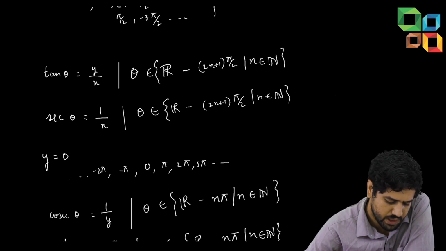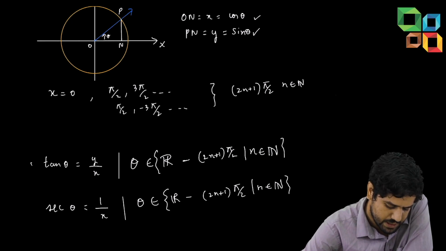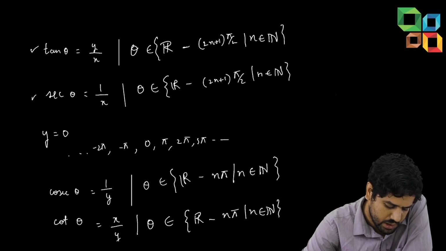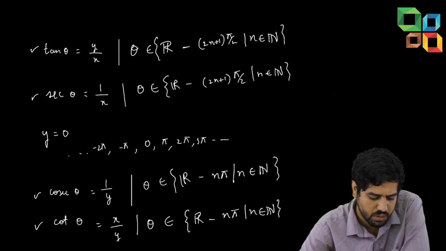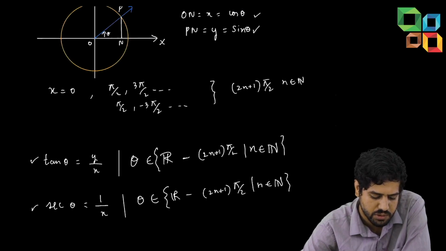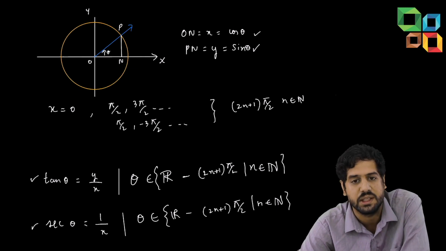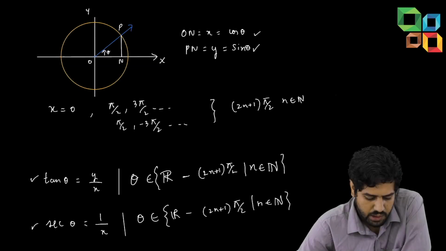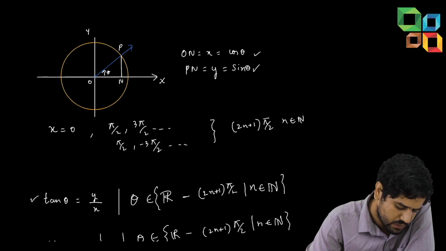So we have defined sine, cos, tan, secant, cosecant, and cot in terms of our unit circle definition. Let's move ahead and look at the values of some sine angles and some cosine angles.